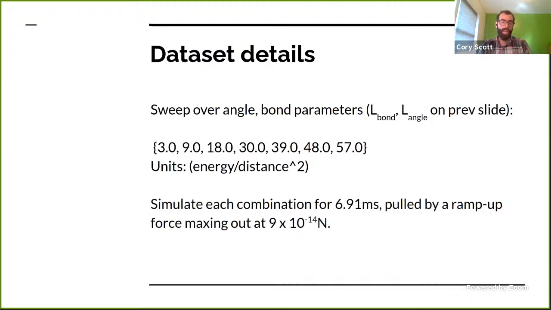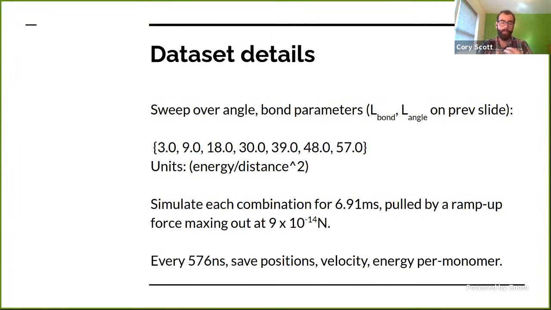And so for each combination of parameters, we're going to simulate them for a set amount of time. And like I said before, the force that's pulling on the end is going to slowly ramp up to a constant force. And then we're going to continue simulating until the system kind of reaches equilibrium.